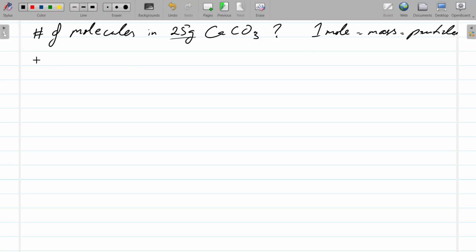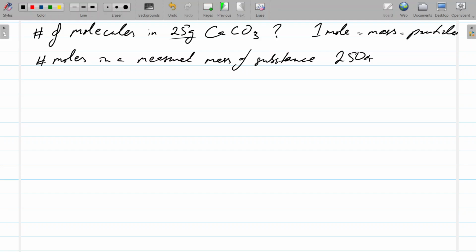We can also find the number of moles in a measured mass of substance. For example, you have 250 grams of sodium chloride.